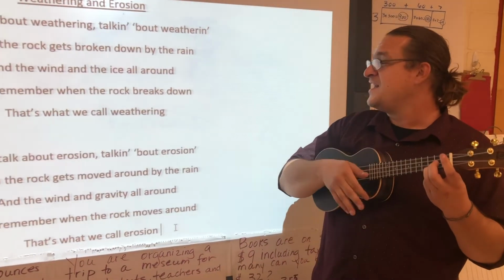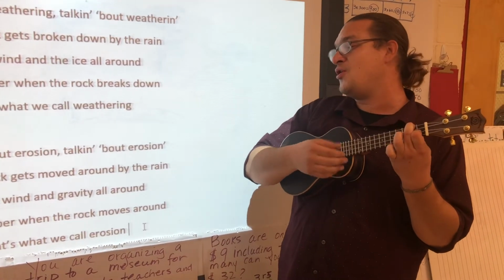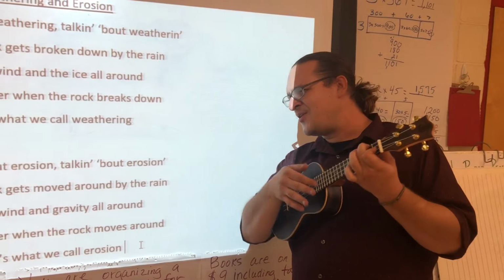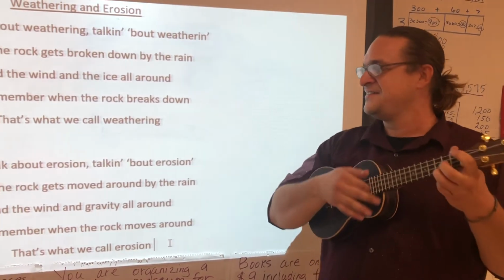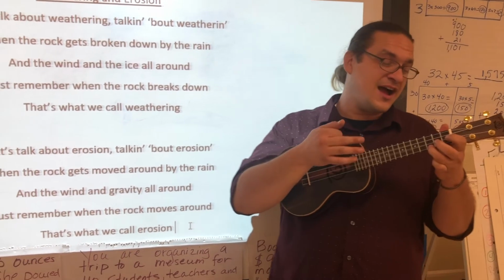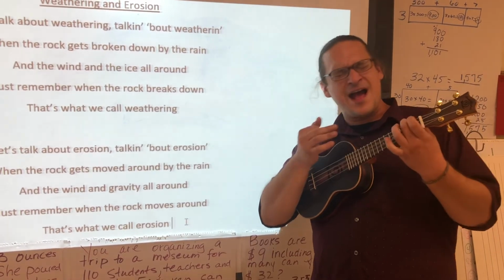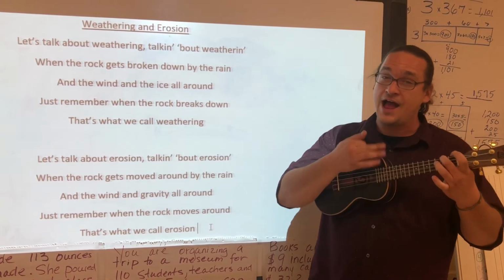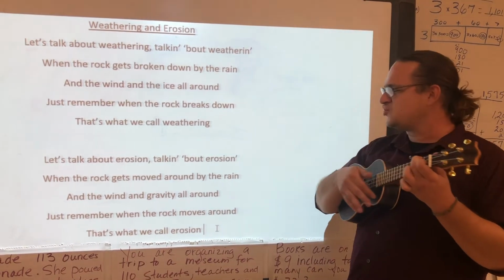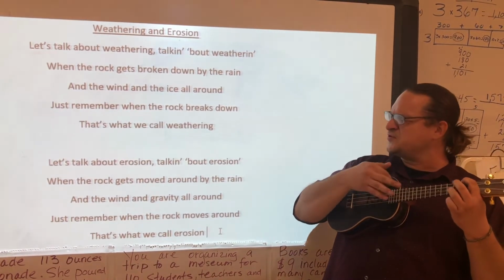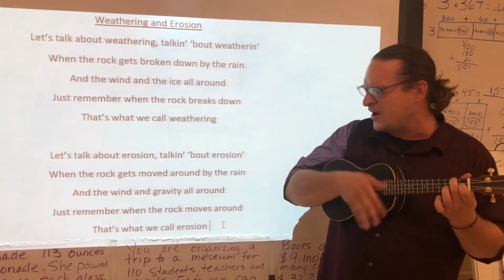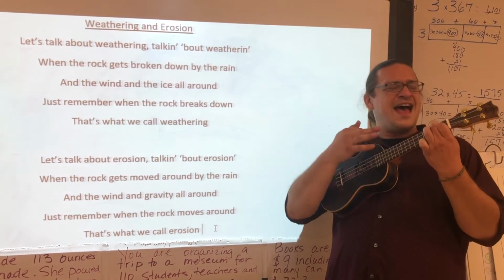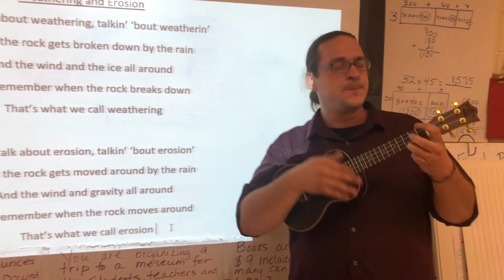Here we go. Let's talk about erosion. Talking about erosion. When the rock gets moved around by the rain and the wind and the gravity all around. You just remember when the rock moves around, that's what we call erosion. Yeah, that is erosion.